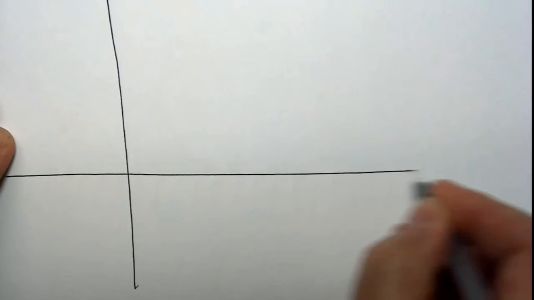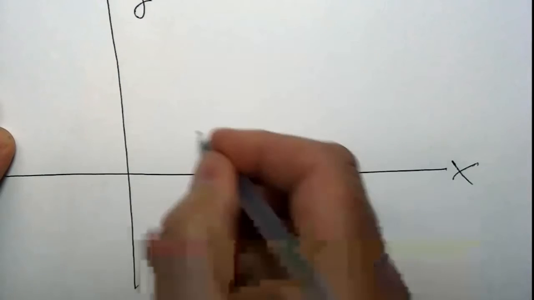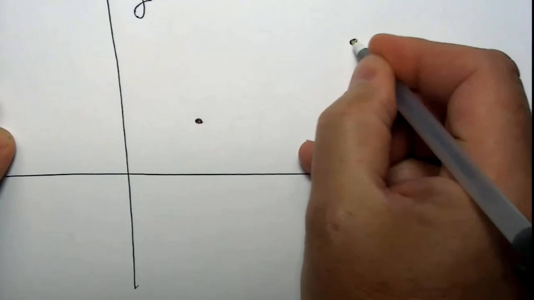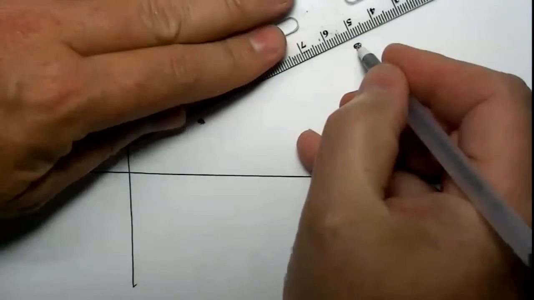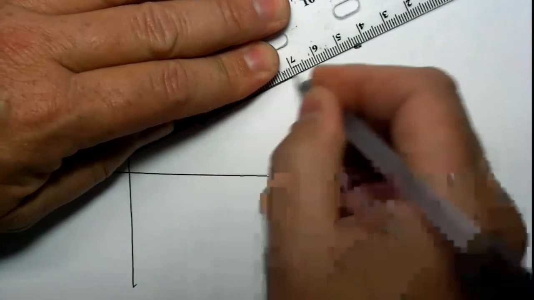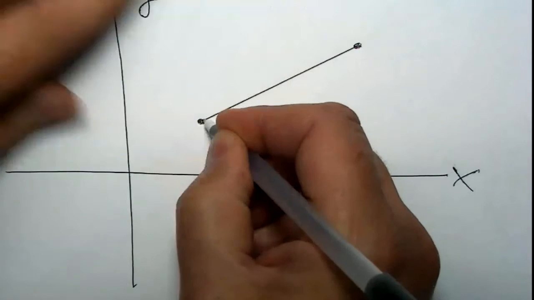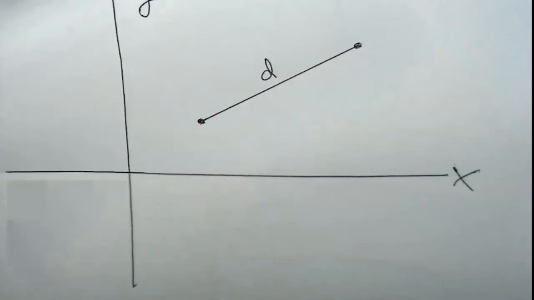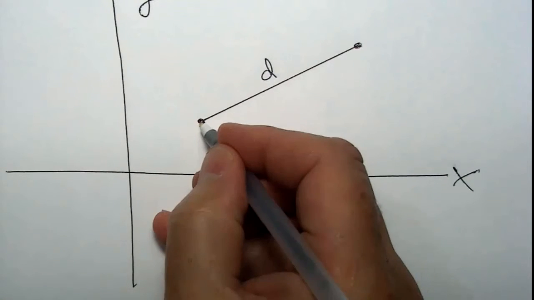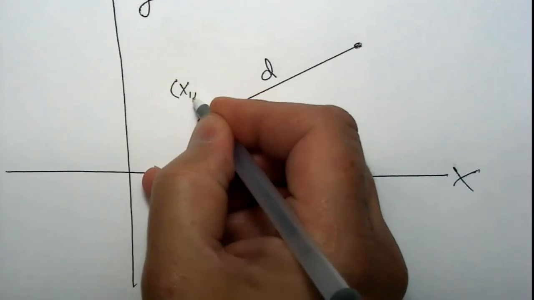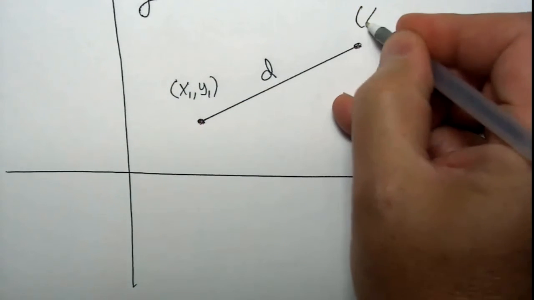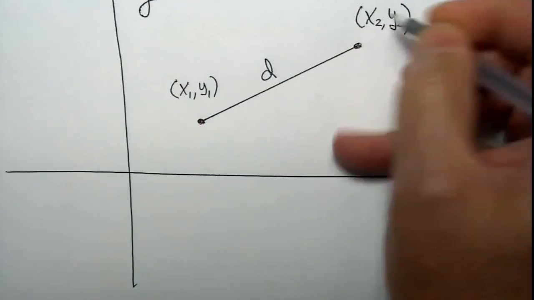So let's take 2 points on our Cartesian plane, x and y. Let's put one here. And let's put one over here, diagonally oriented away from the original. And let's connect the dots and make ourselves a nice line. And what I really want is the distance d. Now, there are 2 measurements we could make, but before I do that, let's label this as x1 and y1, and we'll label this as x2 and y2.